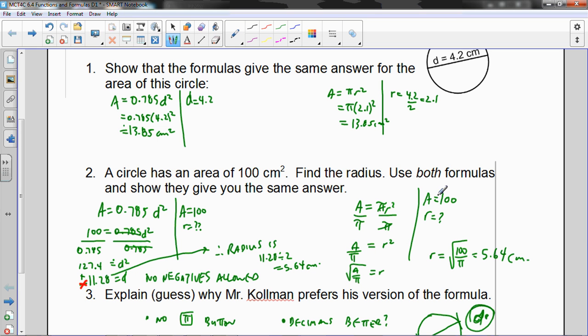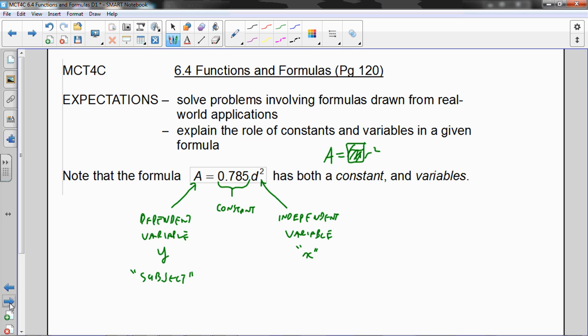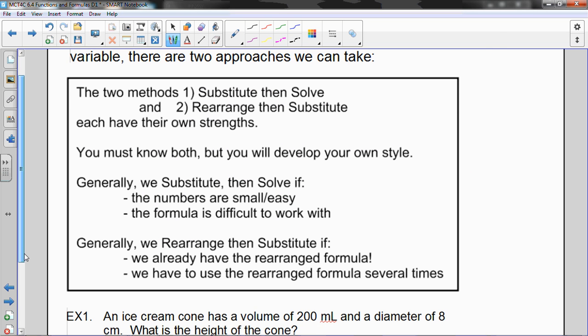Where in this formula, what I did is I solved first. I changed the subject. The subject of this formula is the R. The R became the output into this new formula. Then I substituted the 100 in, and I solved. Well, these might feel the same to you, but they are different, and there's advantages and disadvantages of using either technique.